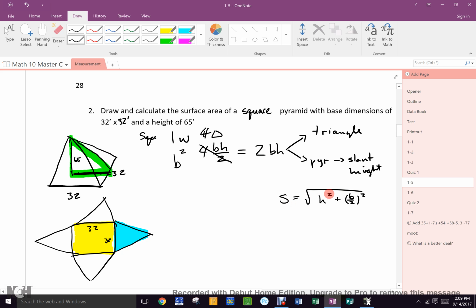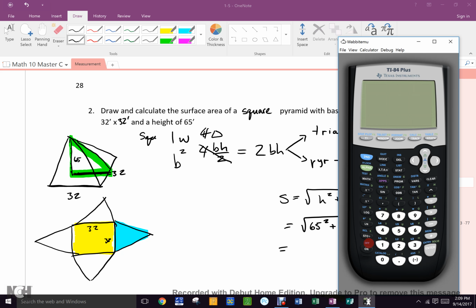So how do I find this slant height? Square root, what's the height of my pyramid? 65 squared, plus what's half my base? 16 squared. And then I punch that into my calculator and I'm going to get a number. It will be a decimal. So what do we round it to?